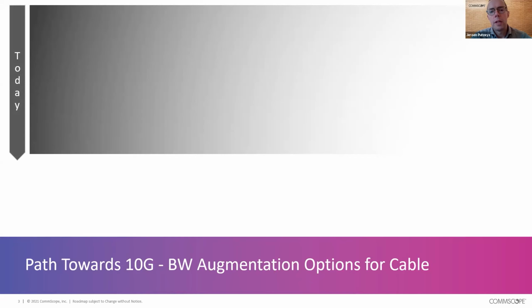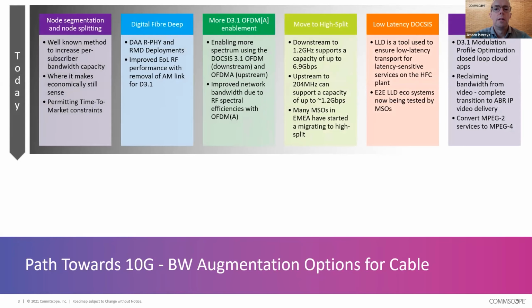But if you look at, for example, today, the bandwidth augmentation options, those we're showing on the chart here, it's pretty broad, it's pretty exhaustive. These are all options that operators may decide to choose from in terms of their implementation and options that can help them with the evolution of the network.